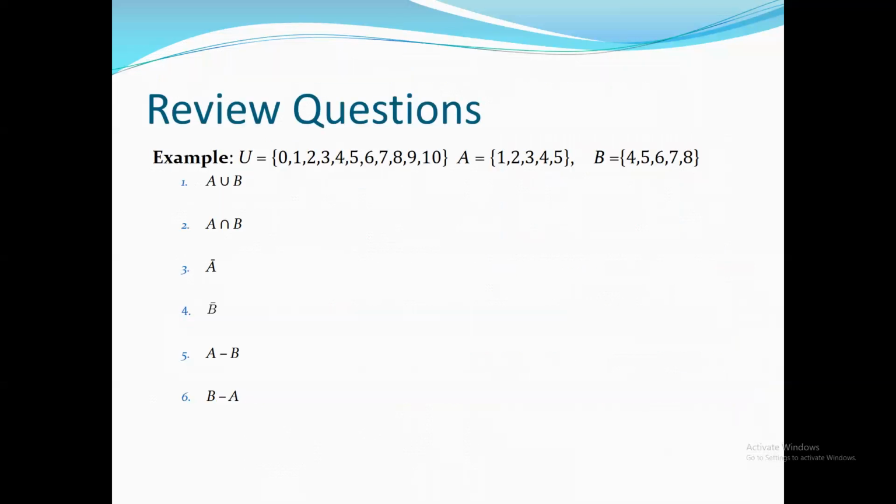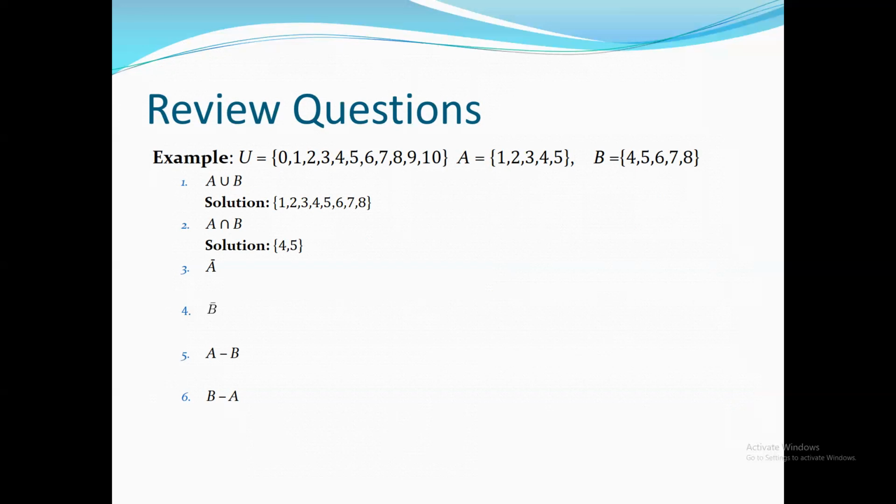The set U is the set from 0 to 10, A is 1 to 5, B is 4 to 8. So what is A union B? Quickly, you can tell me A union B is 1, 2, 3, 4, 5, 6, 7, 8, isn't it? So what is A intersection B? A intersection B is just 4 and 5 because these two elements are common, right? What is A complement?